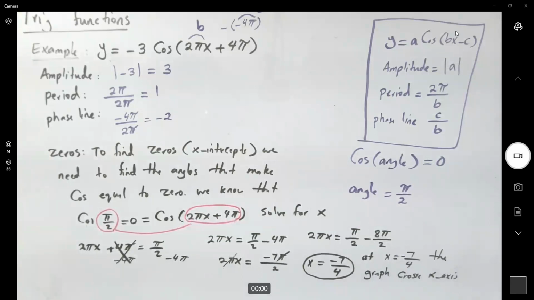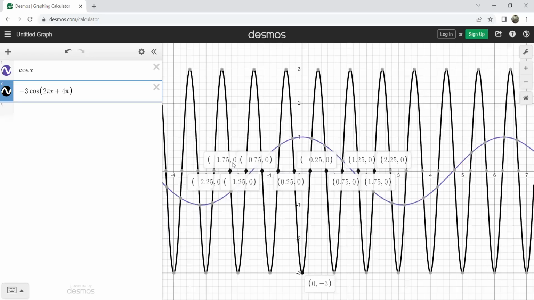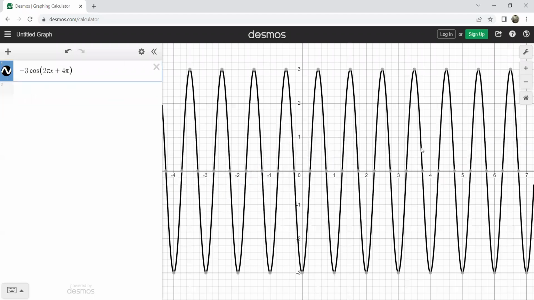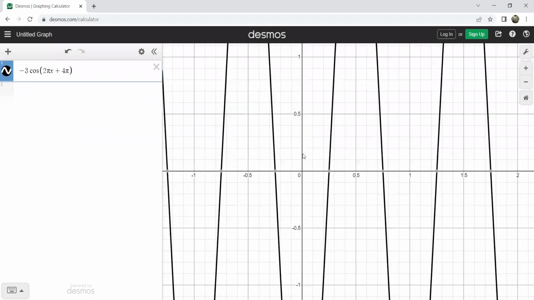Very good. Let's take a look at our Desmos. Let's check to see if our answer is correct. This is the graph of 2 pi x plus 4 pi. And let me just get rid of my cosine, and these are all my x-intercepts.